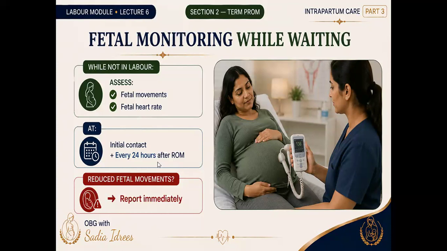This assessment is performed at the initial contact, and if she remains out of labor, again every 24 hours after the rupture of membranes. While expectant management continues, the woman herself has a crucial role in the surveillance. She should be advised to report any reduction in fetal movements immediately. Not wait until your next scheduled review, immediately.